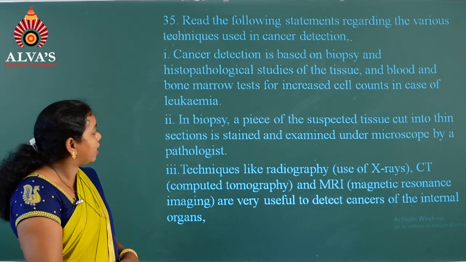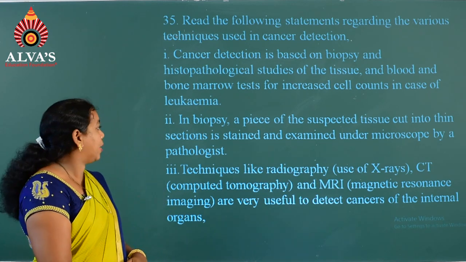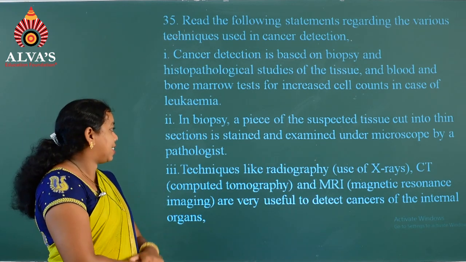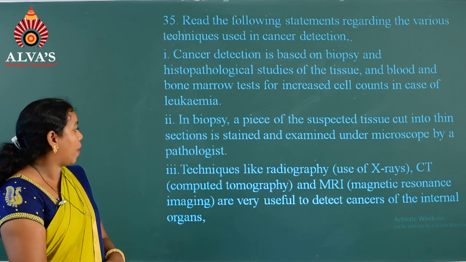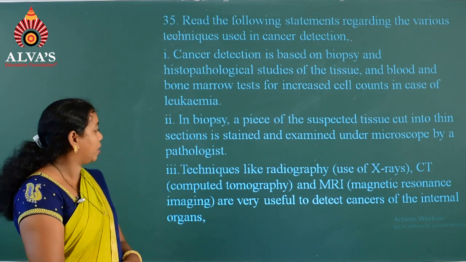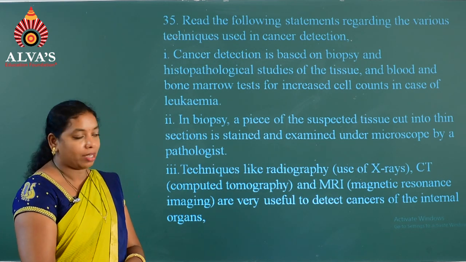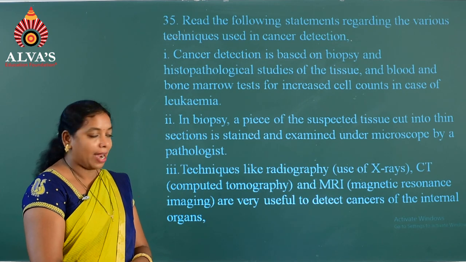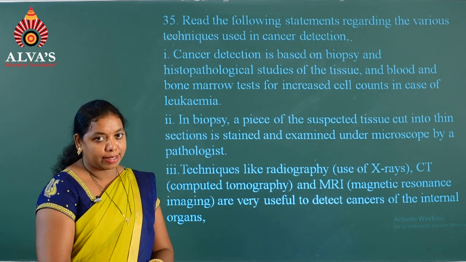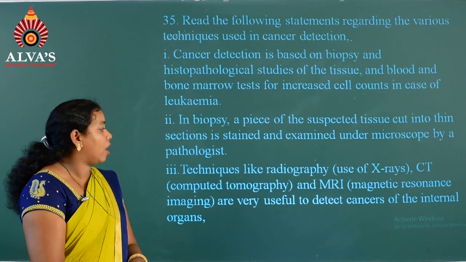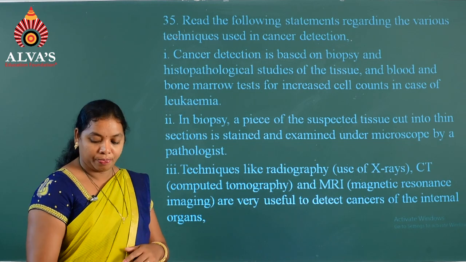The second one, in biopsy, a piece of suspected tissue is cut into thin sections, stained and examined under a microscope by a pathologist. The third option, techniques like radiography, use of X-rays, CT, that is computed tomography, and MRI, magnetic resonance imaging, are useful to detect cancers in the internal organs.